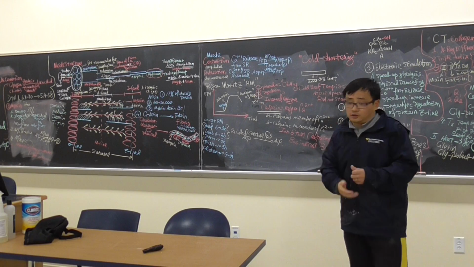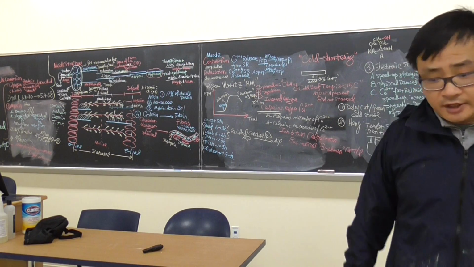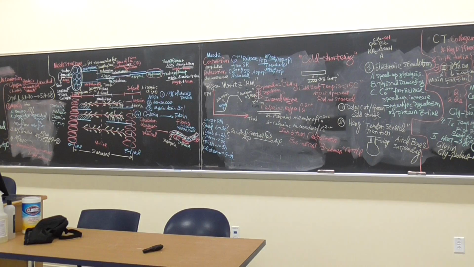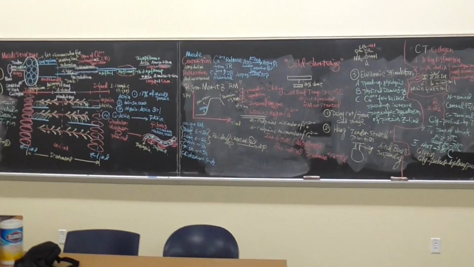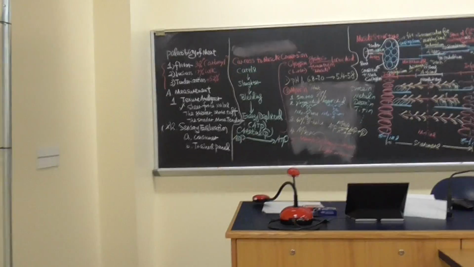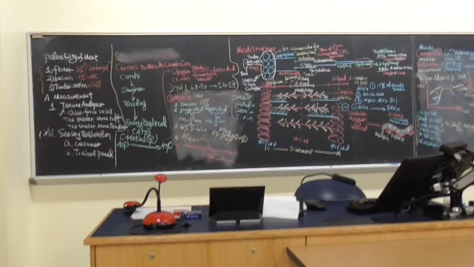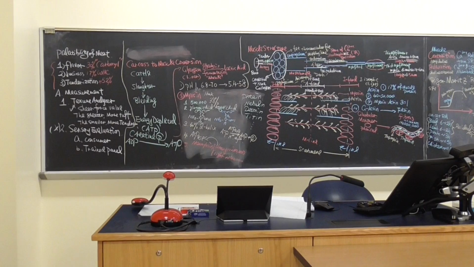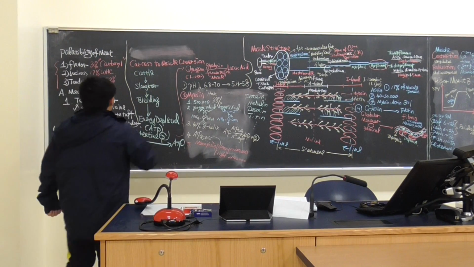Okay, the last thing before we end, I want to mention the muscle structure. So we go back, and I want to give you a conclusion. What does the muscle look like? What are the components of the muscle?